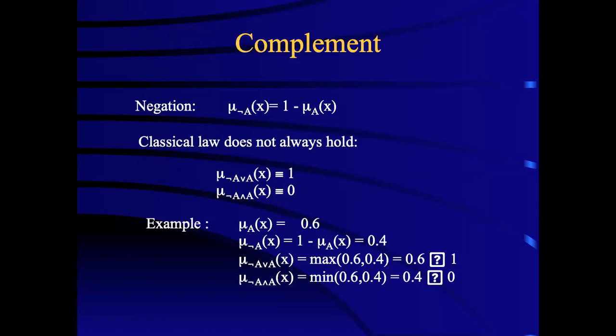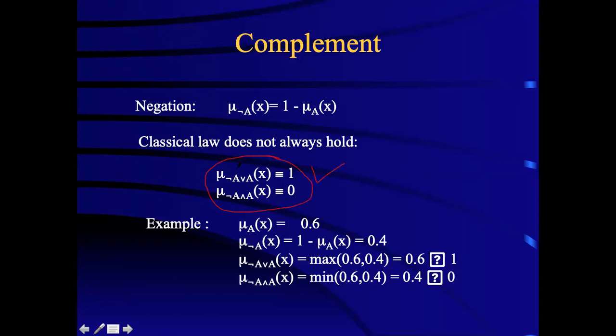And in case of the intersection between A and A naught, the answer is always 0. Okay. So that's the case in case of standard logic. But in case of fuzzy logic, this does not hold.